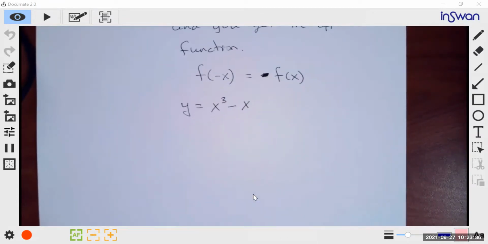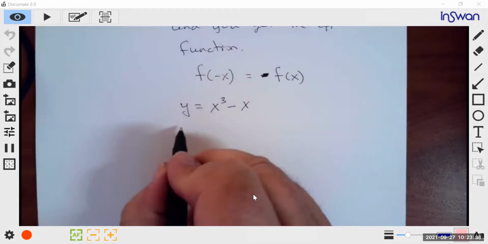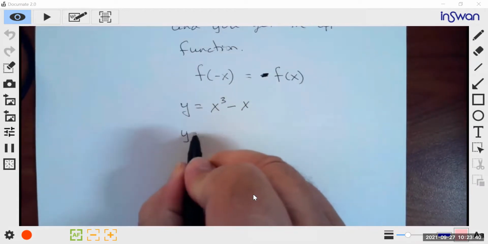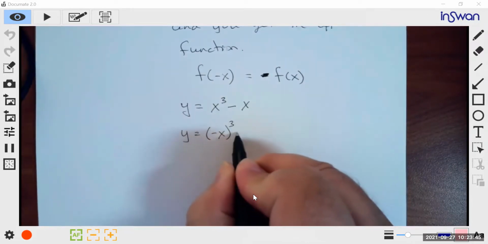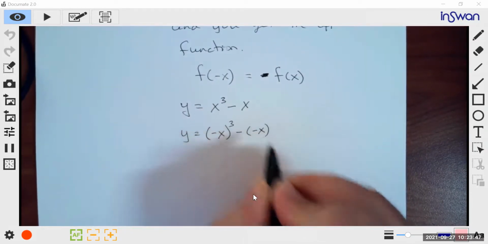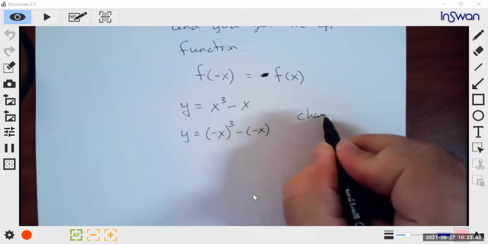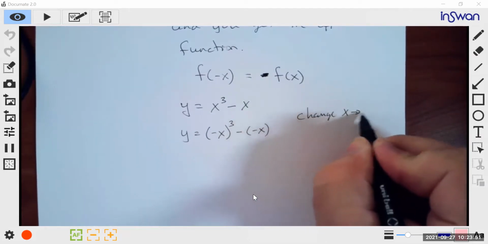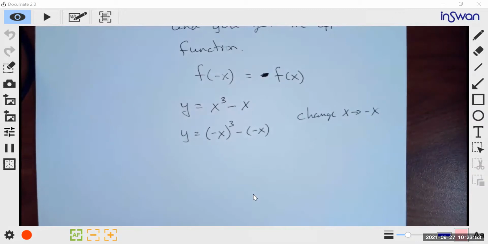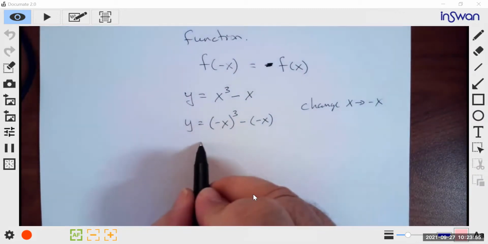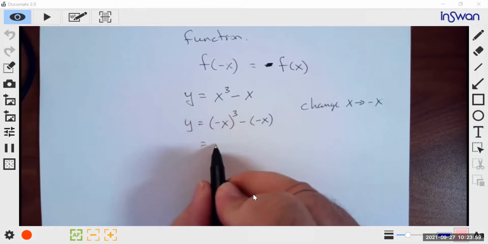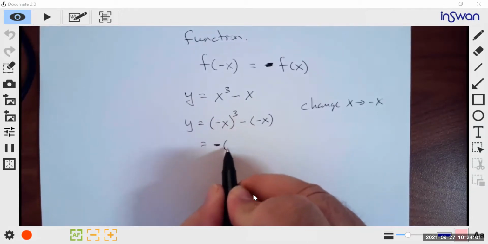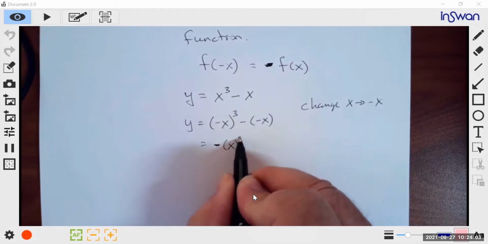We had this. If I change x to negative x, so I change x to negative x. Negative x cubed is the same thing as negative x cubed.